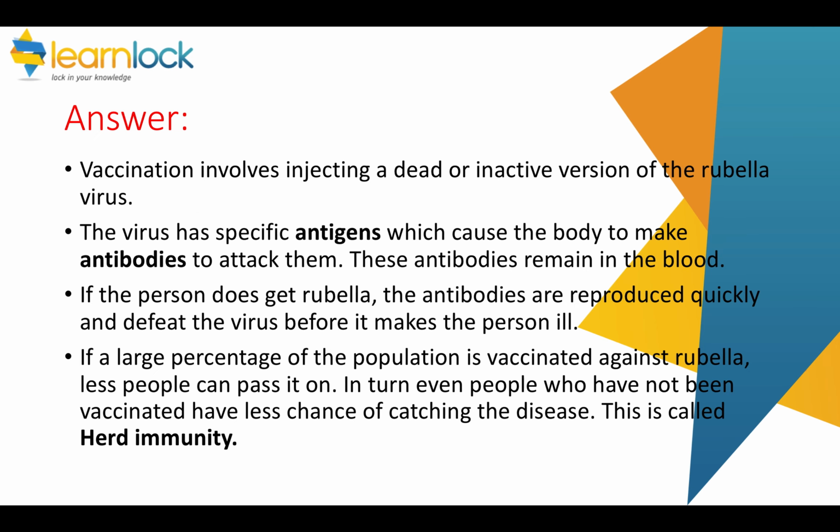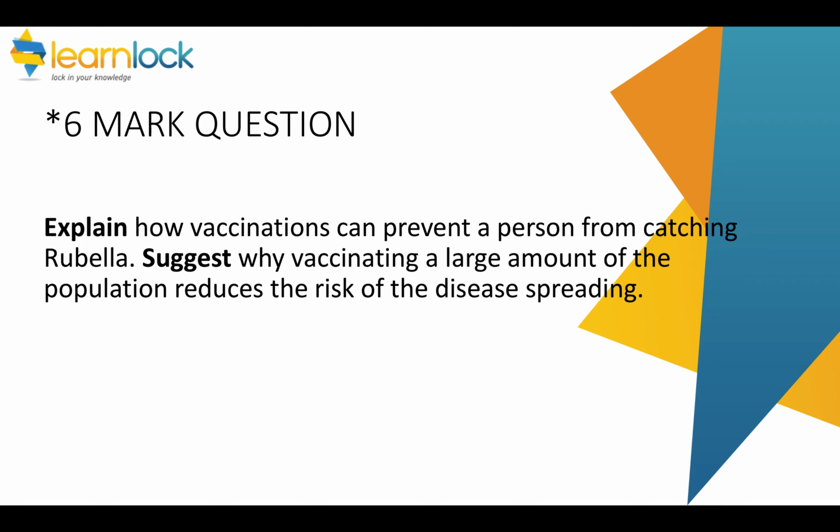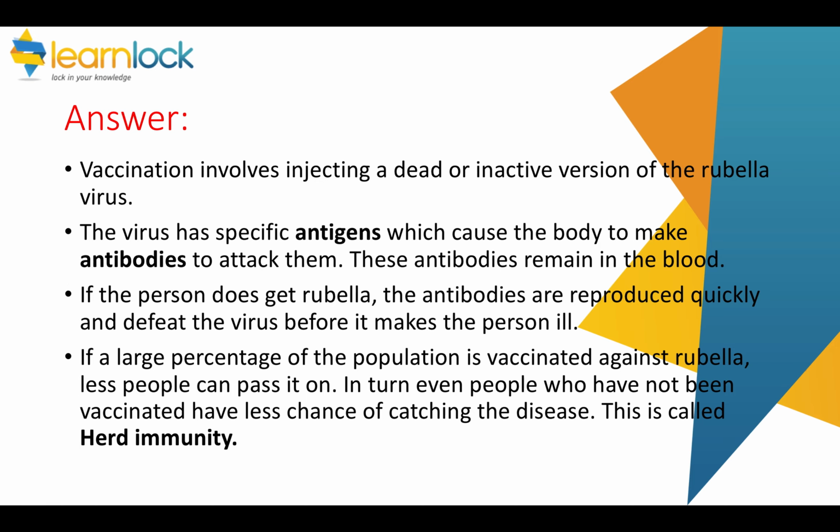Okay, so you need to split this answer into 2 parts. First of all, what is a vaccination? That involves injecting a dead or inactive version of the rubella virus into the body. If you remember, the disease they're talking about is rubella. It doesn't really matter what the disease is, it's the same principle.